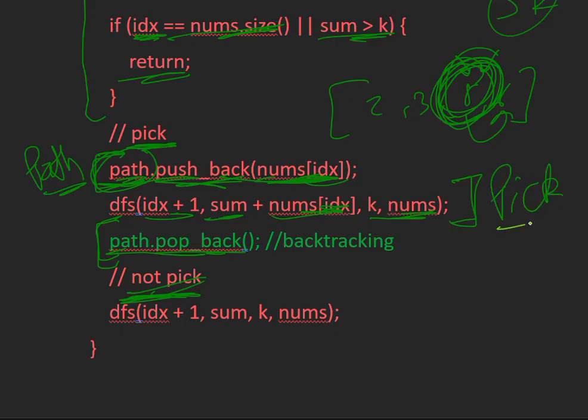So this is backtracking. We have made some change in the path, and now we are undoing that change because we don't need it in the future calls. Now in case of not pick, we just increase the index, and our sum remains the same.